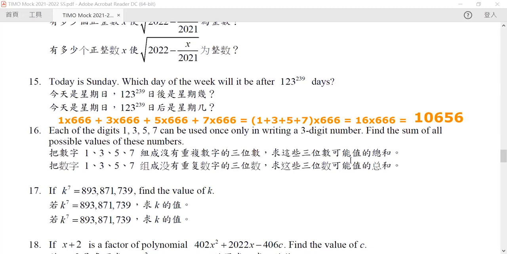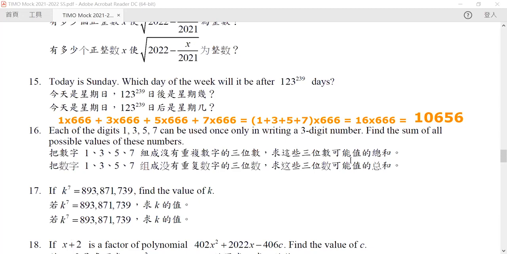So instead of considering all these 24 numbers, we try to sum up digit by digit. We consider the digit 1, and we consider how many 1s there are in the 100 digit, in the 10 digit, in the unit digit, and then we sum them all up, just the 1. And then we sum up just the 3, and then we sum up just the 5, and then we sum up just the 7. Okay.